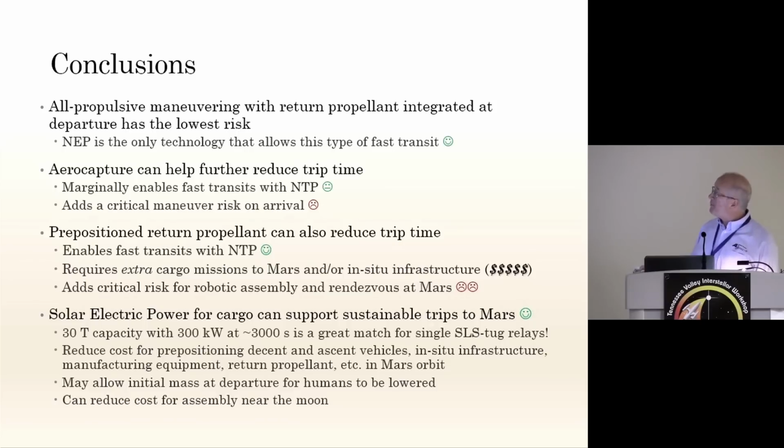The prepositioned propellant requires a huge amount of infrastructure. You're going to have to already have cargo systems and other things in place before you can really start to do this type of work. And so it's nice to envision all this stuff and what you can do after it's there, but you've got to build that infrastructure to begin with. And solar electric cargo, I think, is really where we have to get started. And that's all I have.